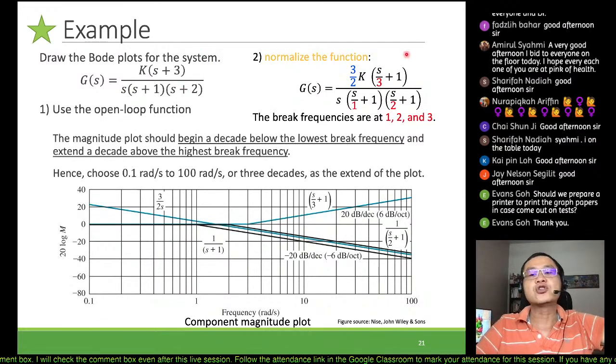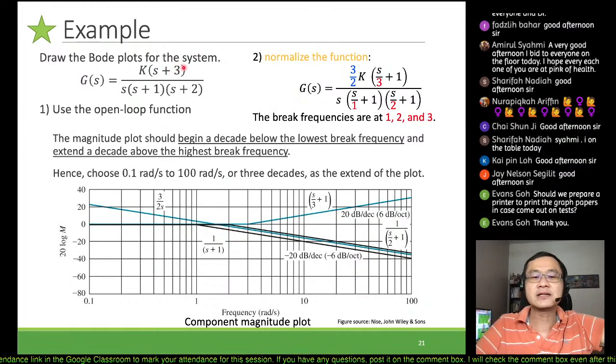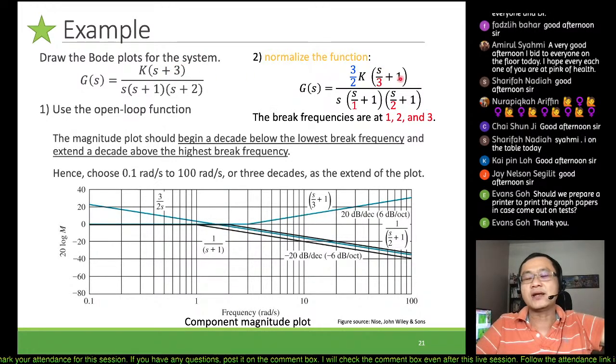Okay, we try to normalize our functions. How are we going to normalize it? Remember, each of these terms we normalize. Here is 3, we divide by 3, so we get 3 plus 1, right? And this 3 we bring over here. Same thing for this one, s plus 1, normalize. This one is 2, so we have 2 here, to bring it out.